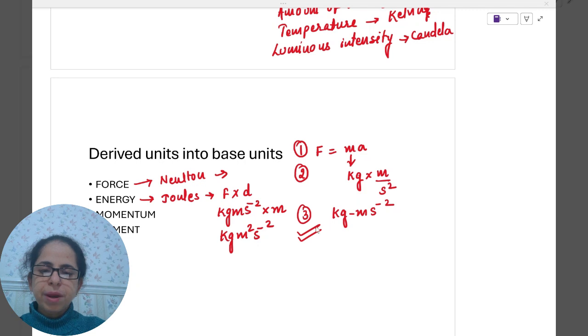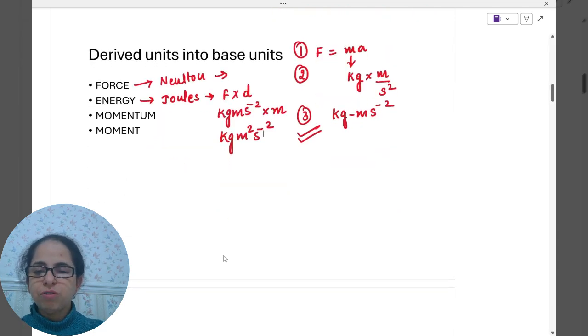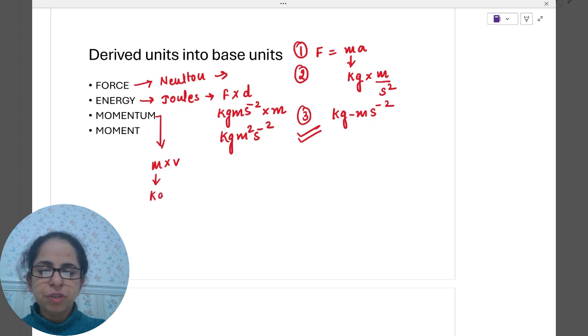Okay, now we're going to talk about the next one, momentum. If you have tried it already, let's just do it. Momentum is mass times velocity, first step. Second step, you write the mass in the base unit, which is kilograms. Then you write velocity in the base unit, which is meters per second. Then just rearrange: kg m s to the power minus 1.